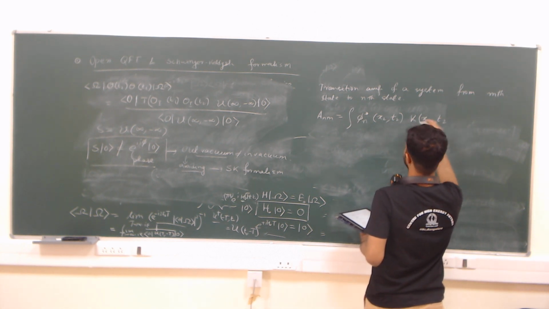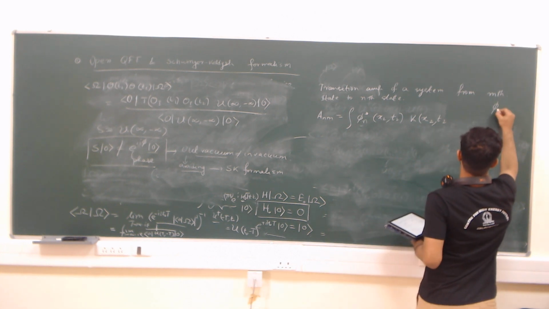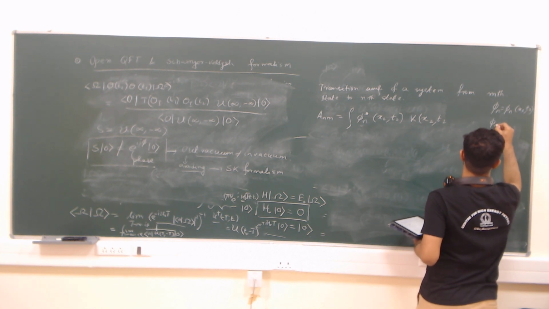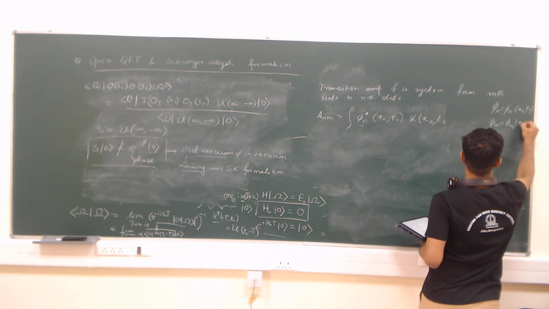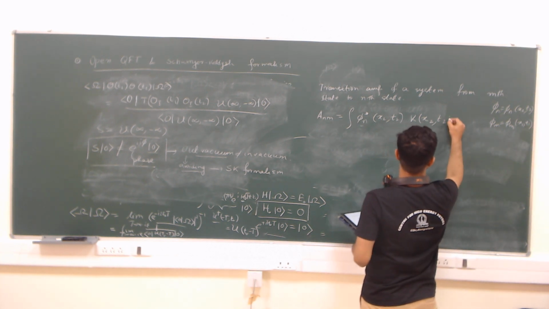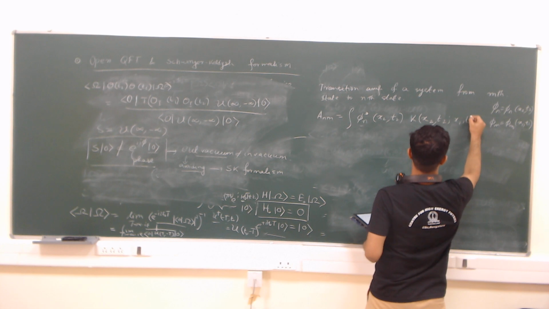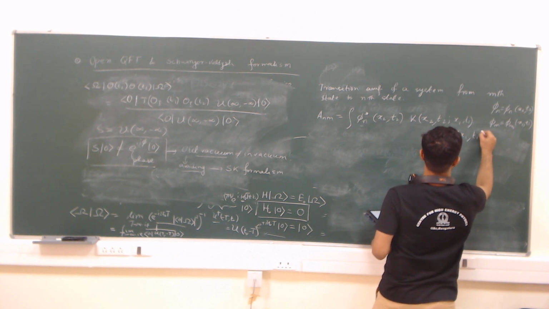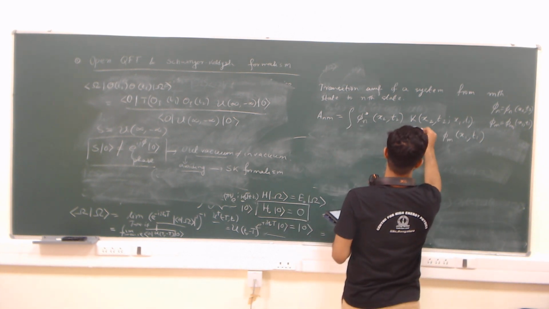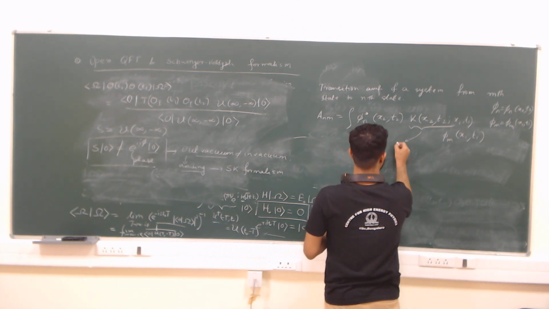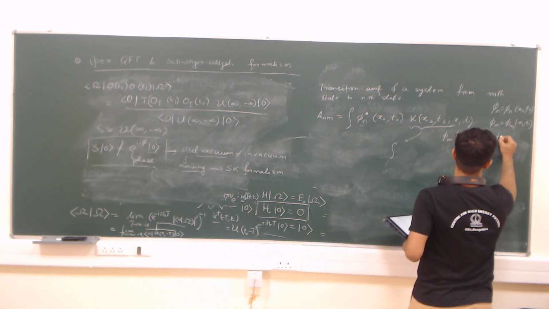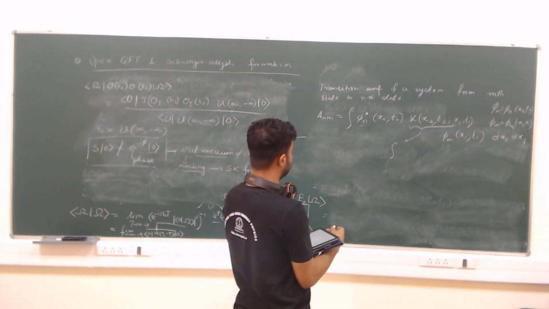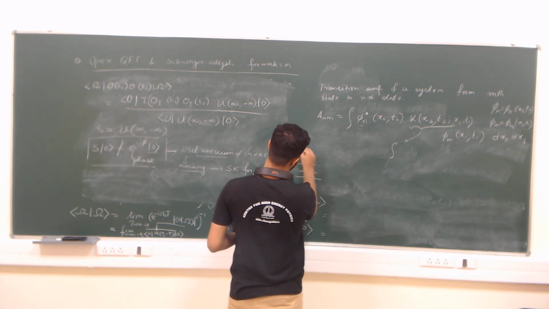Let's say my <phi_n| is <x2, t2| and |phi_n> is |x1, t1>. But this is a function, so we also have a dx2 and dx1. So in path integral, we start from this, we go from, let's say, this time steps.